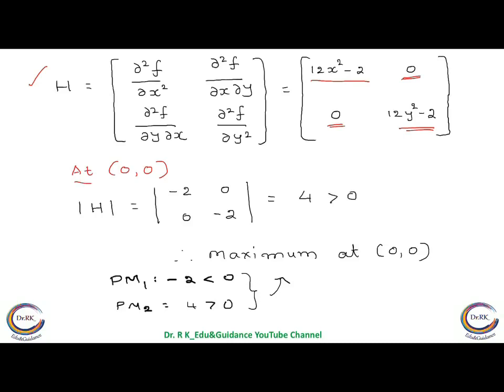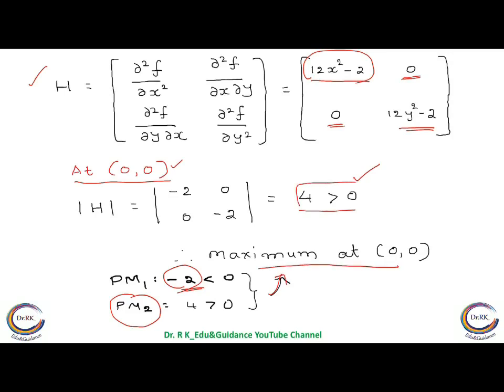At 0, 0, the determinant of H becomes 4, which is greater than 0, and at the same point 12x² minus 2, when x equals 0, becomes minus 2. That means the first principal determinant, or minor, whatever the term is, is minus 2, which is less than 0, and the determinant of the matrix is greater than 0, therefore a maximum at the point.